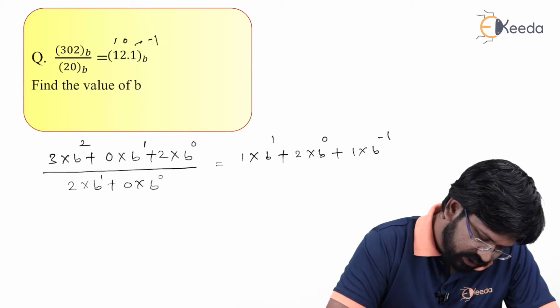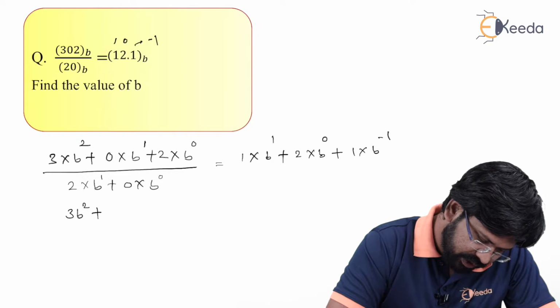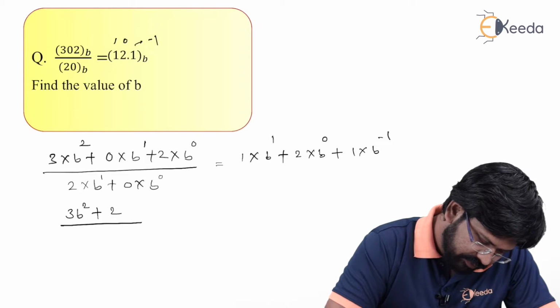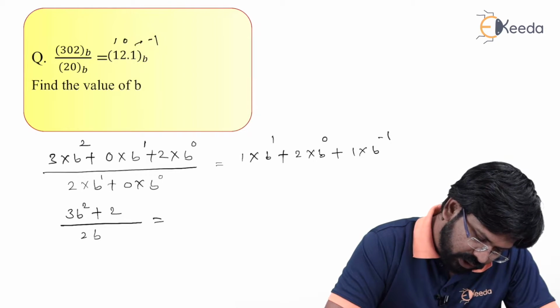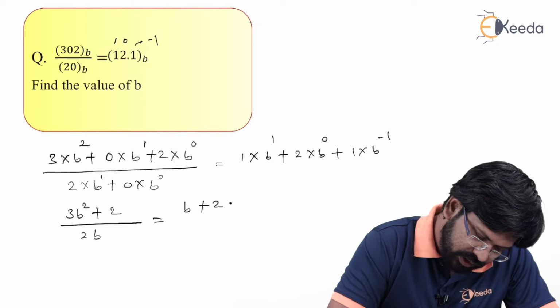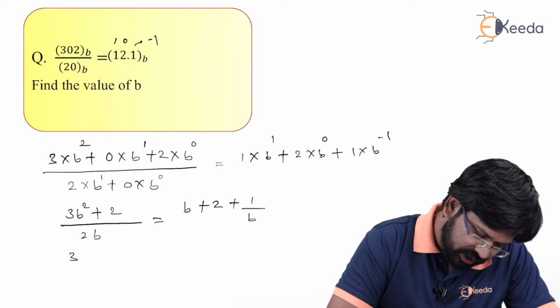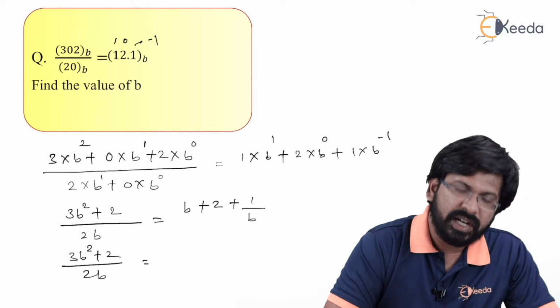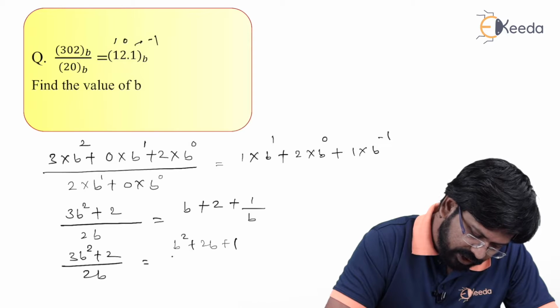Is that right? In this case, it would be 3b square plus 2 divided by 2b, which will be then equal to b plus 2 plus 1 by b. Am I right? Or further you can say it is 3b square plus 2 divided by twice of b, which will be, if you cross multiply at right hand side, b square plus 2b plus 1 whole divided by b.